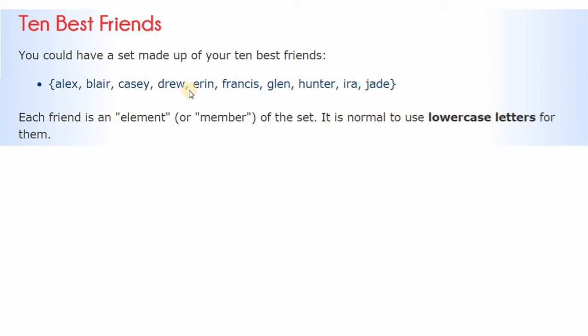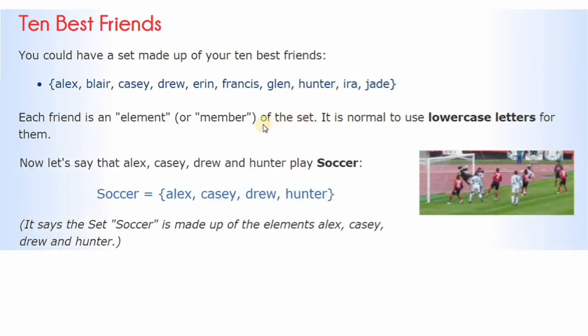Now, out of these friends, I'm going to see who loves to play soccer, that is football. Let's say Alex, Cassie, Drew, and Hunter play soccer. If only these four play soccer, then I'm forming a set called soccer.